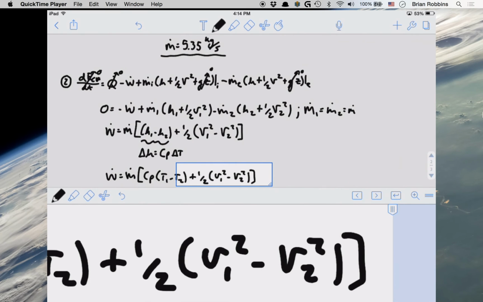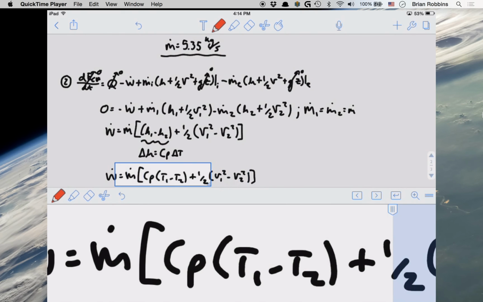Now, let's go ahead and tally each of the quantities or each of the properties that we know for our system and determine if there's anything that we need to calculate before determining the power. Okay, so m dot. We know m dot because we found that in step 1.